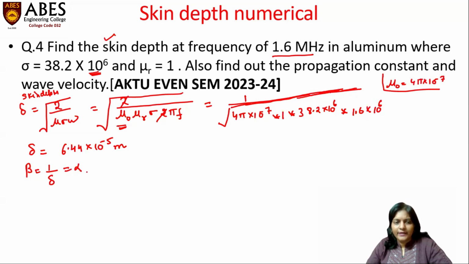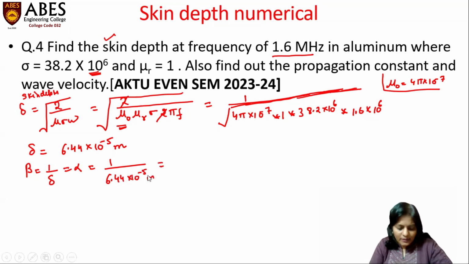For a good conductor, the attenuation constant alpha and the propagation constant beta are both equal. So it will be 1 upon 6.44 into 10 to the power minus 5 meter. It gives 1.55 into 10 to the power 4 meter inverse. This is the propagation constant beta.